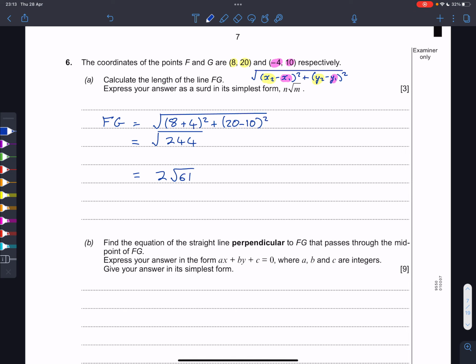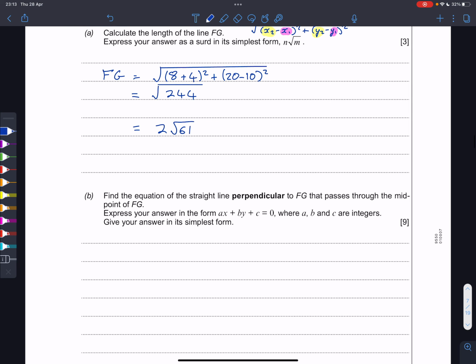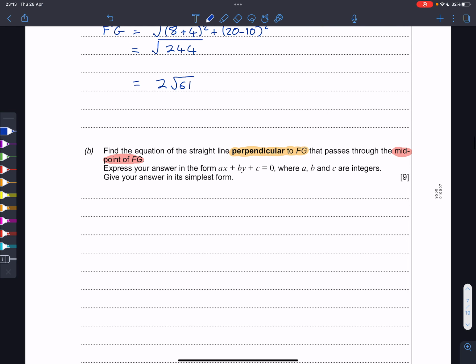Okay, find the equation of the line perpendicular to, so there's our first thing, perpendicular to FG. So we need to work out the gradient of FG. And passes through the midpoint of FG. So we also need the midpoint of FG. Okay, so let's try and find the perpendicular gradient first. So the gradient of FG is y2 minus y1 over x2 minus x1.